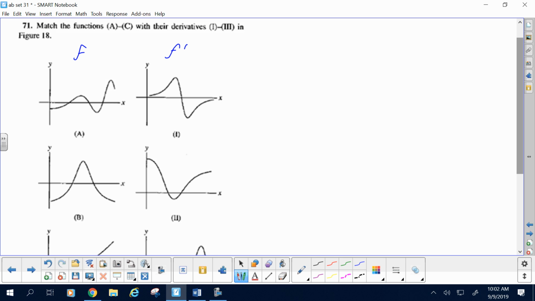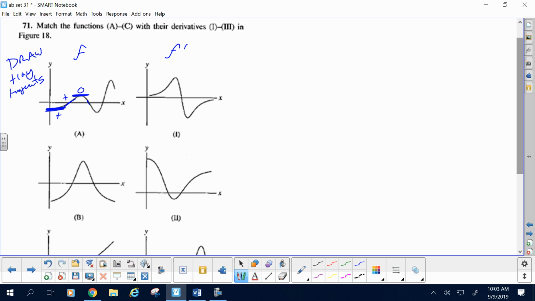On the original function, draw tiny tangents. Okay, so on this, you got a small positive. But at that point, the slope is flat, which means the derivative is 0. That's a very important point.